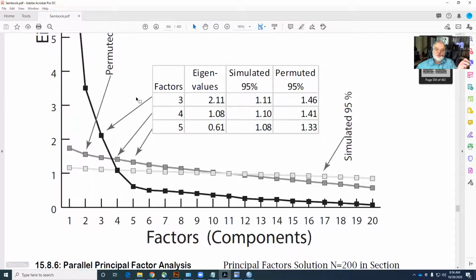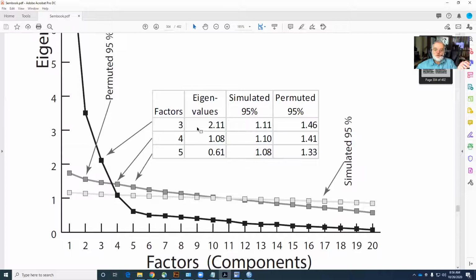If I were factoring only these 200 people, I would probably end up concluding I have only 3 factors in the data, because this eigenvalue in my data is below or pretty darn close to what I have in my randomly generated data.